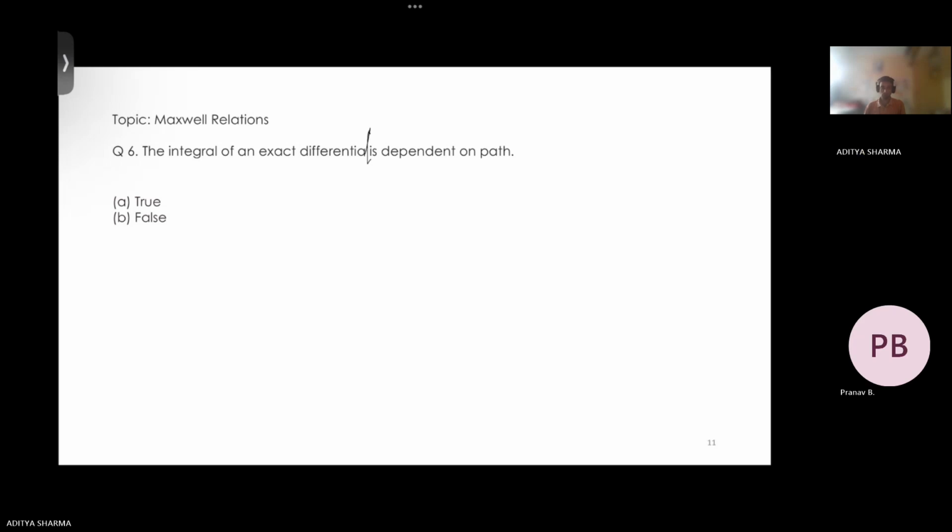Okay. So exact differentials are independent of path. So in that case, because the question says dependent, it's a false statement. Okay. So moving on to next question.